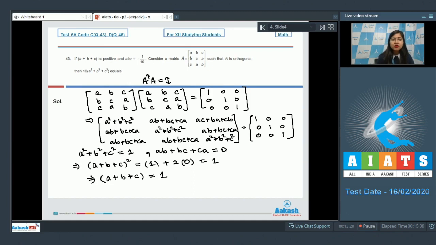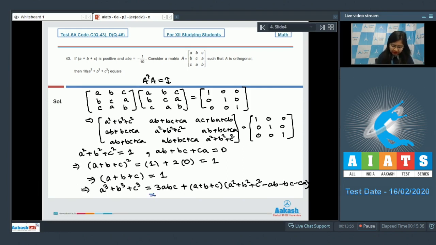Now we have to find the value of a cube plus b cube plus c cube. Now we have another identity that a cube plus b cube plus c cube is equal to 3abc plus a plus b plus c into a square plus b square plus c square minus ab minus bc minus ca.